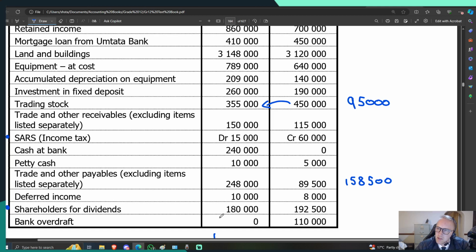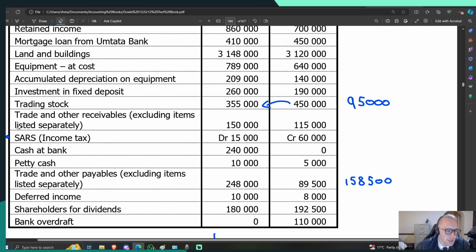Is that a trade and other payables? I don't know. We'll deal with bank overdraft momentarily. For now, let's stick with our trade and other receivables. Shareholders for dividends is a trade and other payables.